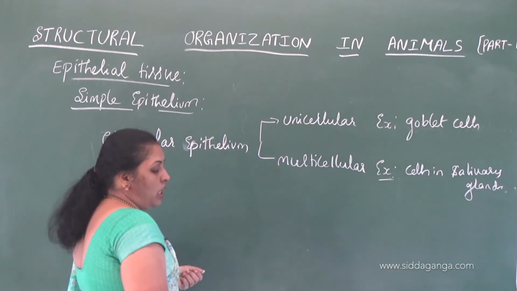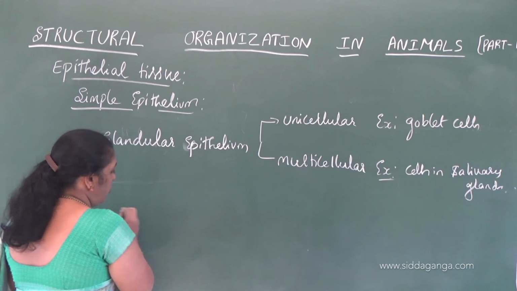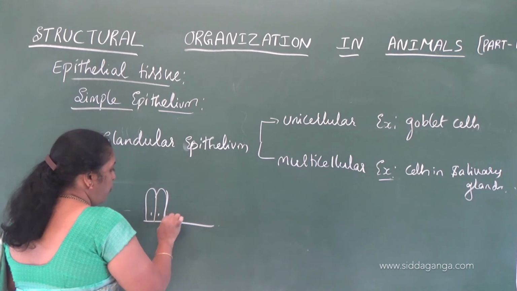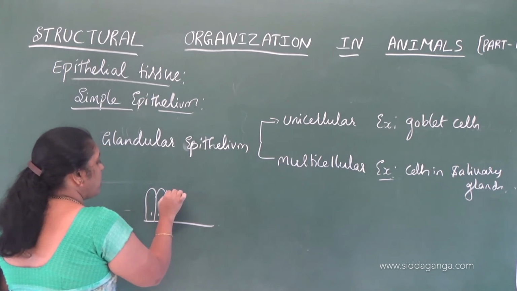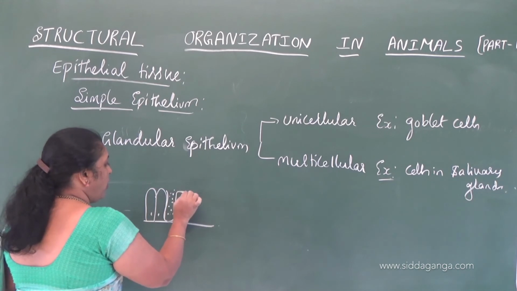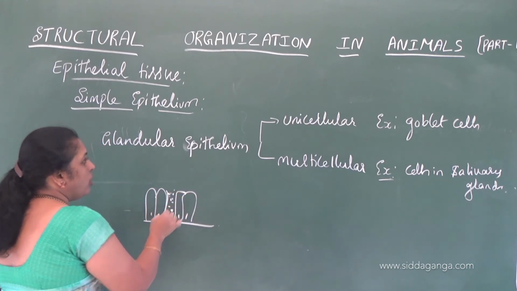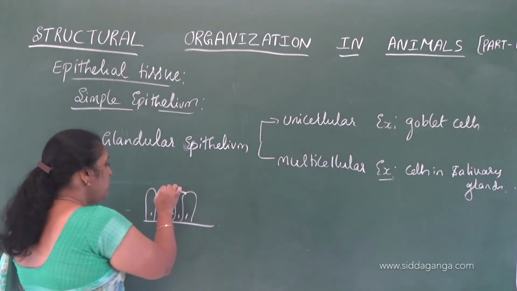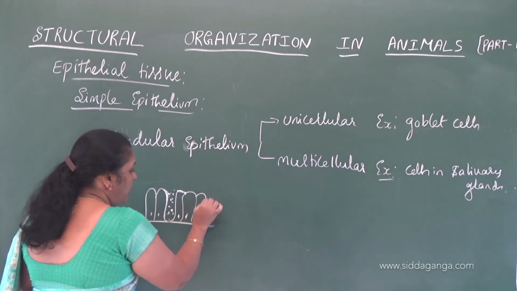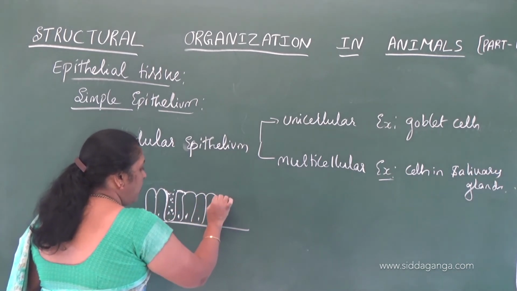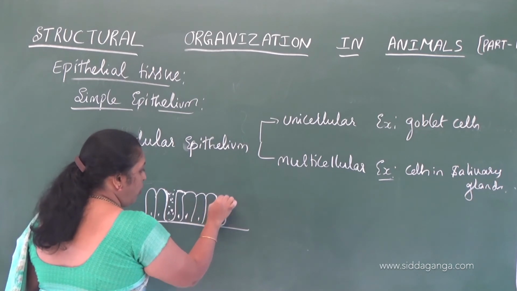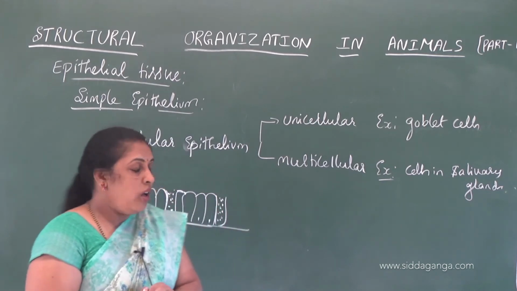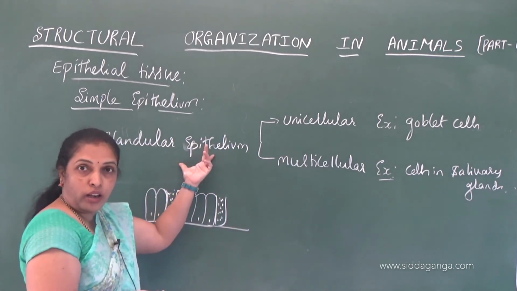Understood? So, unicellular, see, this is an epithelium. In this, if one cell is modified for secretion, that is called unicellular glandular epithelium. Uni means single cell. Among these epithelial cells, if any one cell is modified and secretes mucus or enzymes or saliva, then it is called glandular epithelium.